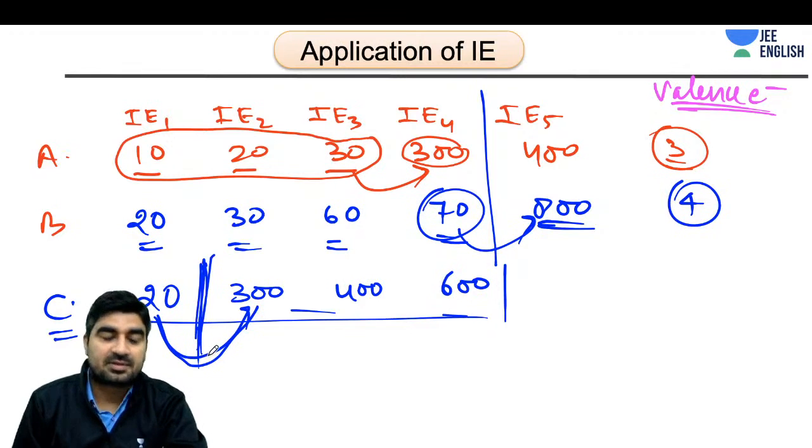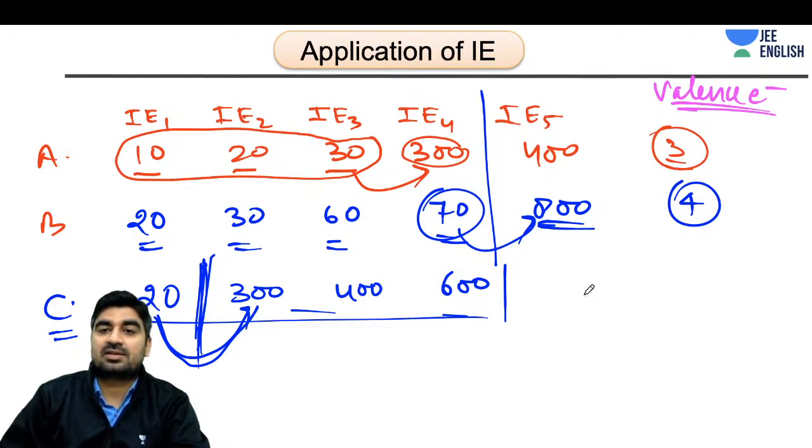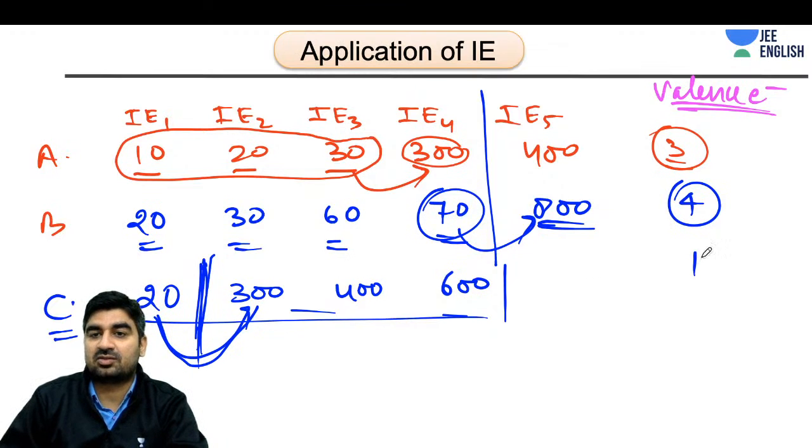More than 10 times, right? So now I will say it has a valence electron of 1 only.